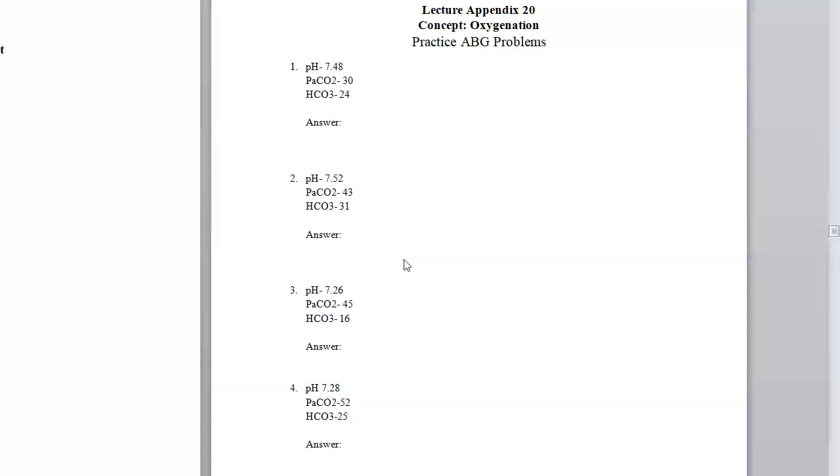Those components of blood gases. As you can see, the practice problems provide you with 3 values that are in arterial blood gases, and by having only those 3 values, we can determine is the problem metabolic or respiratory, and is it alkalotic or acidotic.